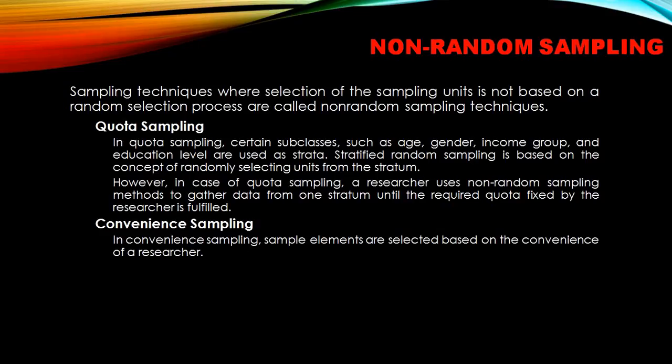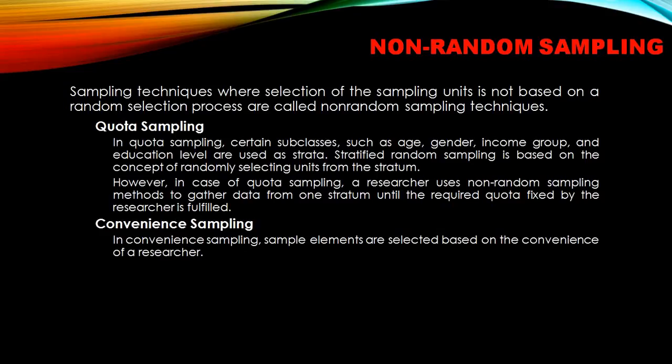Now stratified random sampling is based on the concept of randomly selecting units from the strata. However, in quota sampling, a researcher uses non-random sampling methods to gather data from one stratum until the required quota fixed by the researcher is fulfilled.